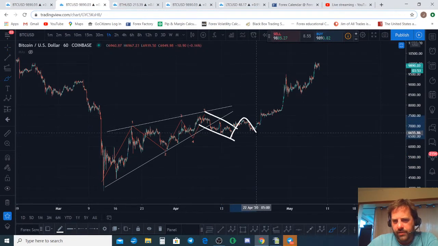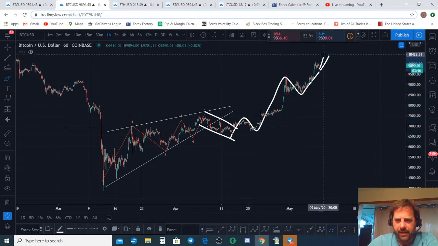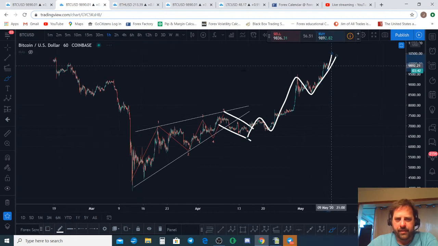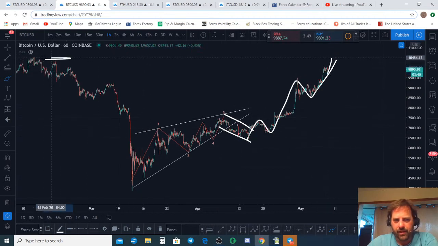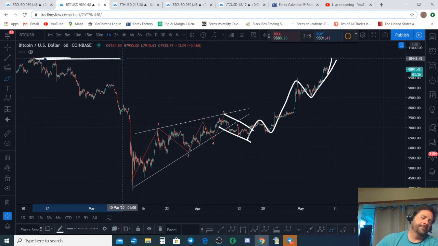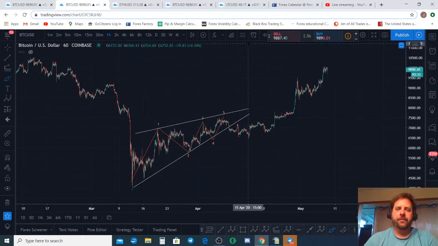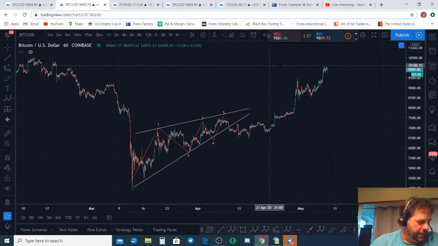And then we got 1, 2, 3, 4, getting the 5th wave. And we need to finish. We got one more wave to finish. I think that wave is going to put us up here double topping this right here, most likely. Somewhere around 10.4, 10.5. That's my final answer for now. Until Bitcoin does something different. But until then, guys, that's the way I'm looking at it, okay?